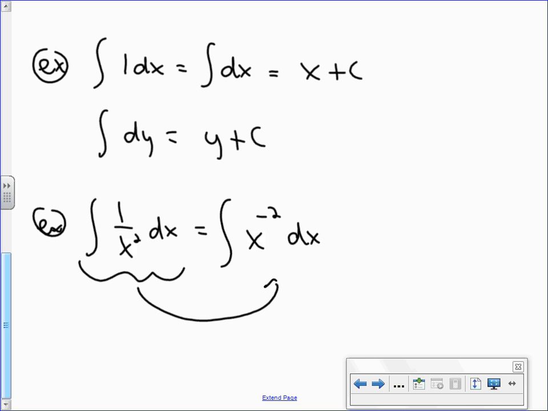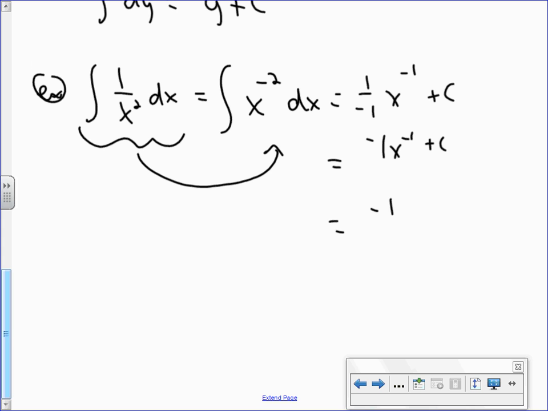You have to convert it to this. And then you can use the rule for that. That would be x to the negative 1, and the reciprocal is negative 1. And then clean that answer up just a little bit. Negative 1, x to the negative 1, or maybe even negative 1 over x plus c. That's actually probably the way you want to write your final answer.